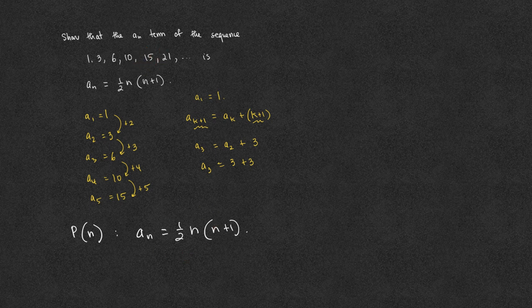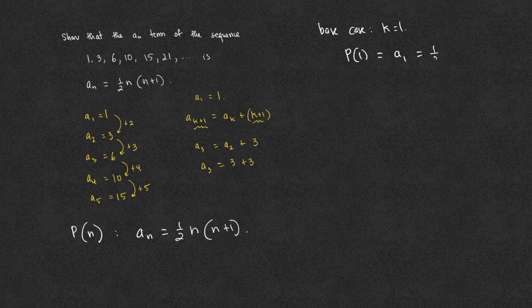To use the principle of mathematical induction, we need to show the base case. The base case is when n equals 1. P of 1 is the statement for the initial term, the first term a sub 1. We check to see if this formula works.